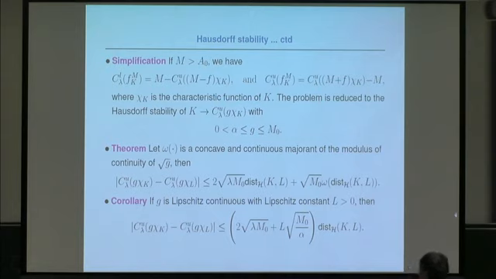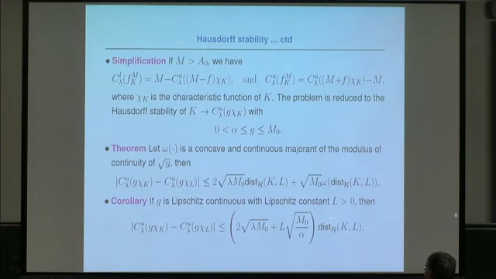A simpler version is, suppose g itself is Lipschitz, then we have such an estimate. It's a number times the Hausdorff distance. This is the Hausdorff-Lipschitz continuity. But there's a balance to this, because we prefer to have large lambda and large m.